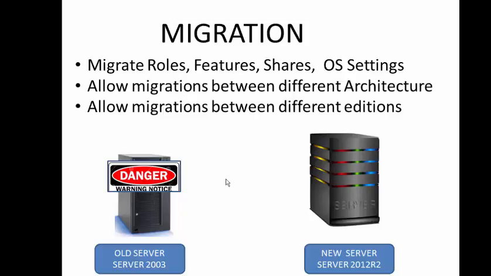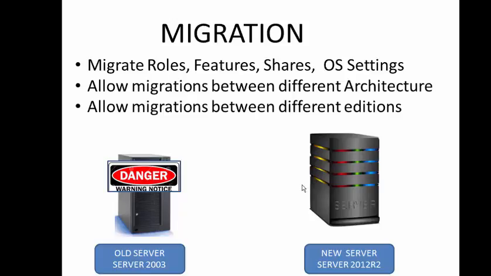You cannot upgrade from Server 2003 to Server 2012 R2. You can't upgrade between different editions. So what's left? Well, you have to get a new server with hardware that will support Server 2012.